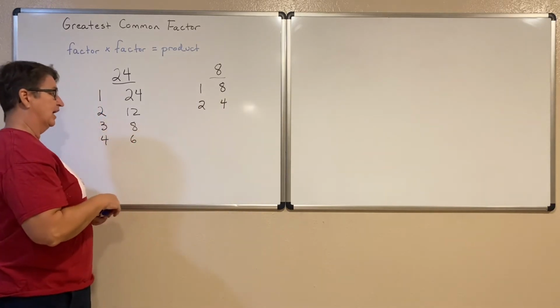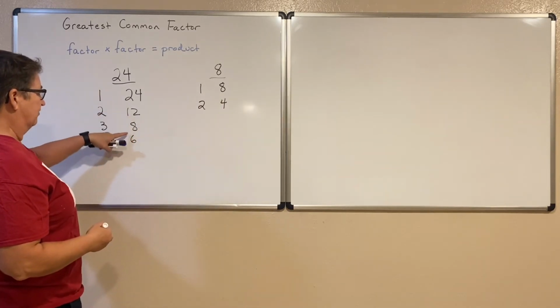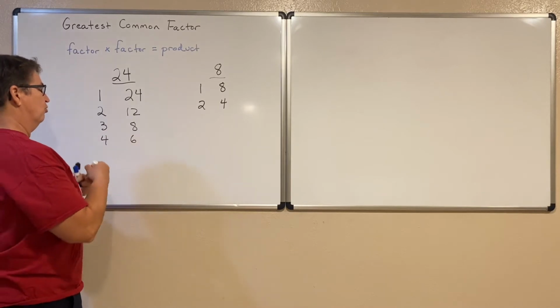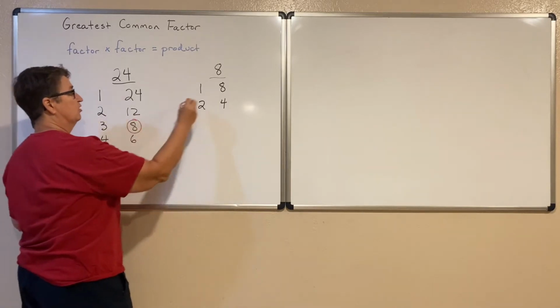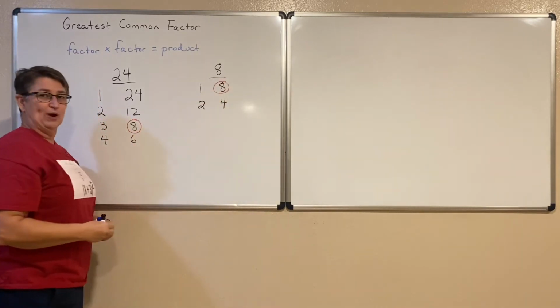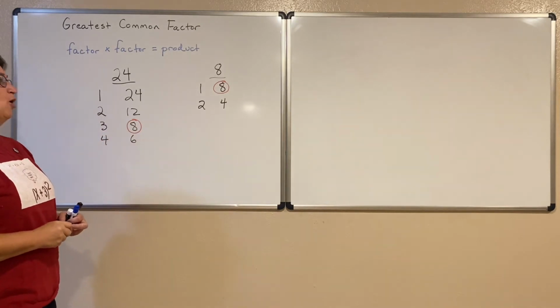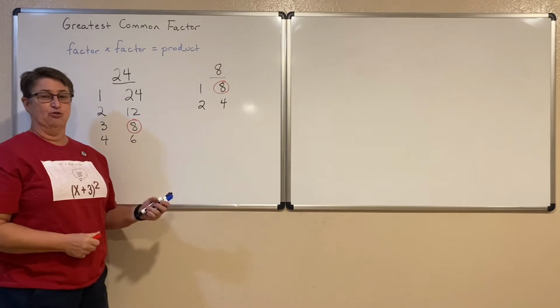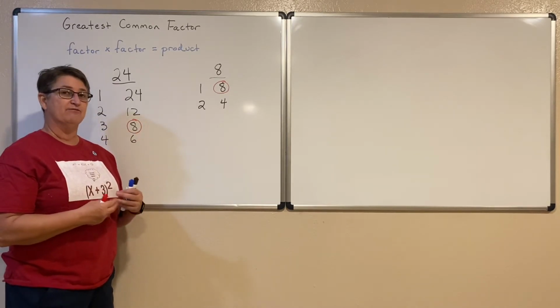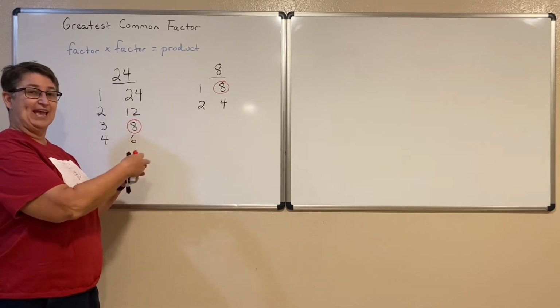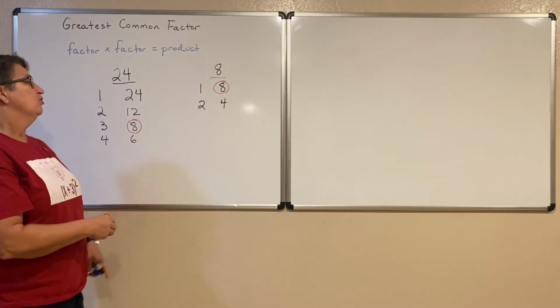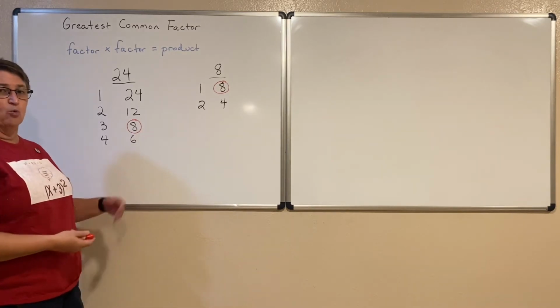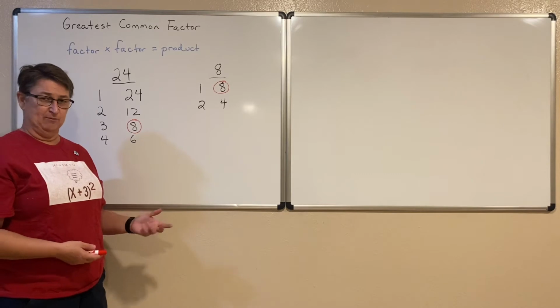And I can see on the list that 8 is also on 24's list. So 8 is the greatest number that goes into both 24 and 8. We call that factor the greatest common factor. It's the biggest one that they have in common. So this would be one method for finding the greatest common factor.